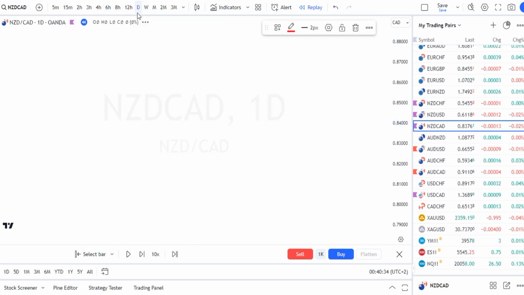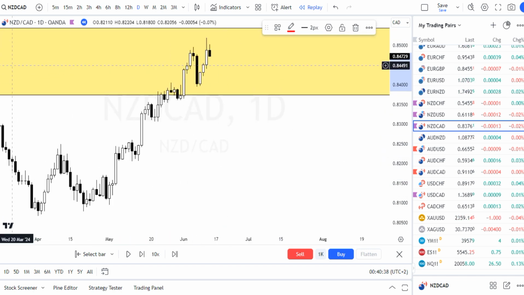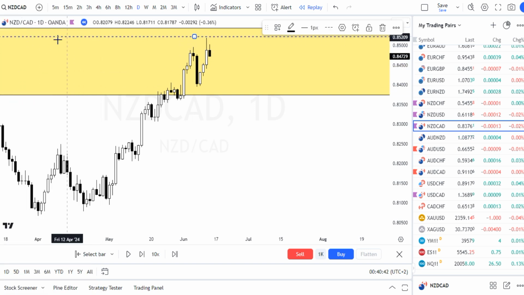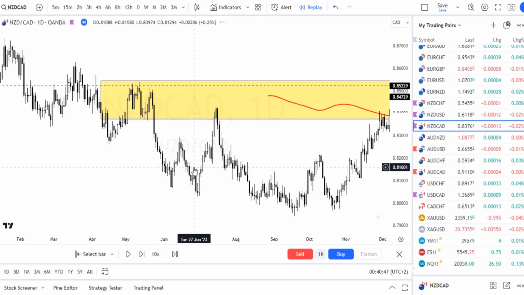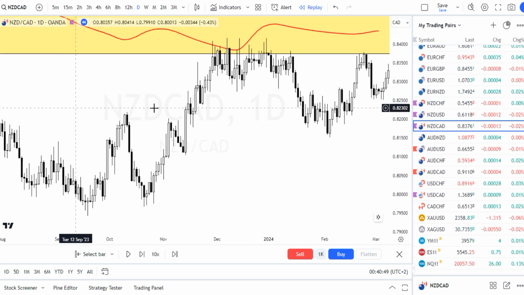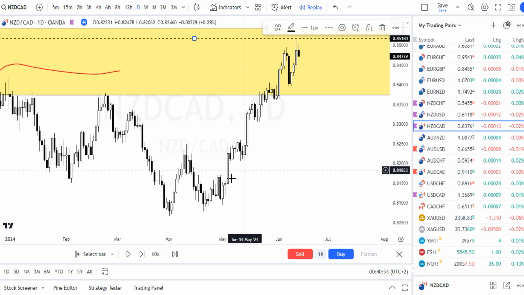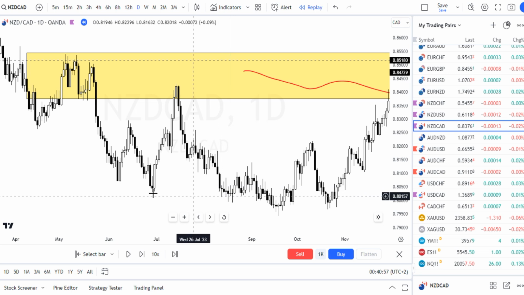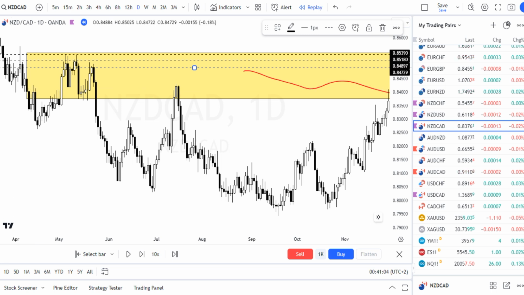So now if I go to the daily chart, we also see the same thing. See here, if I just take a line here, there was this supply zone as well.